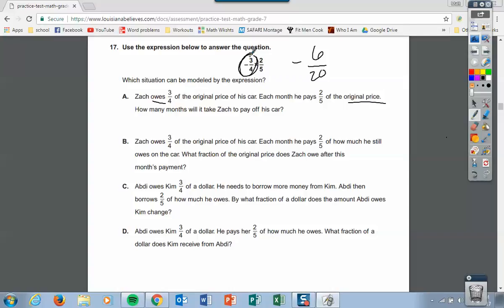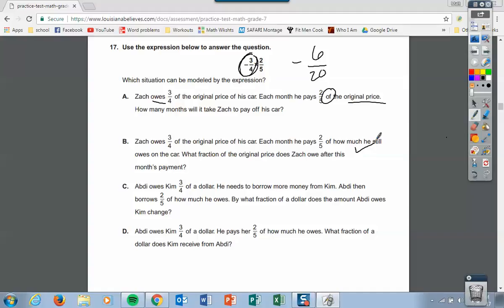"Of" right here is another word for multiply, so I'm going to look for that in here. I'll be multiplying, or taking 2/5 of this negative 3/4. So it's got to be 2/5 of what he owes. Zach owes 3/4 the original price, so that's negative 3/4. Each month he pays 2/5 of that negative 3/4. So that kind of works out. Let's see what the other ones do.